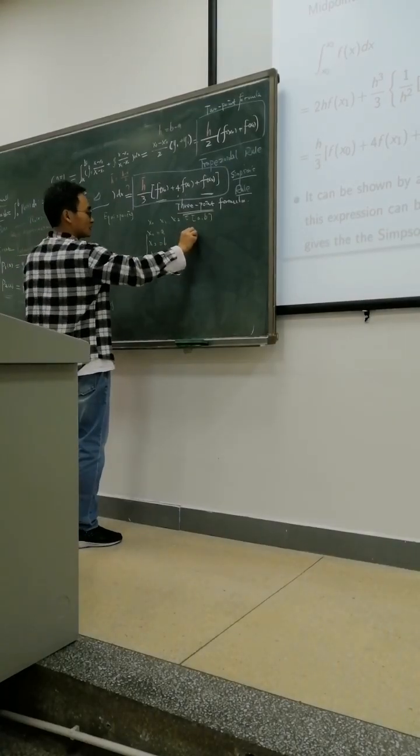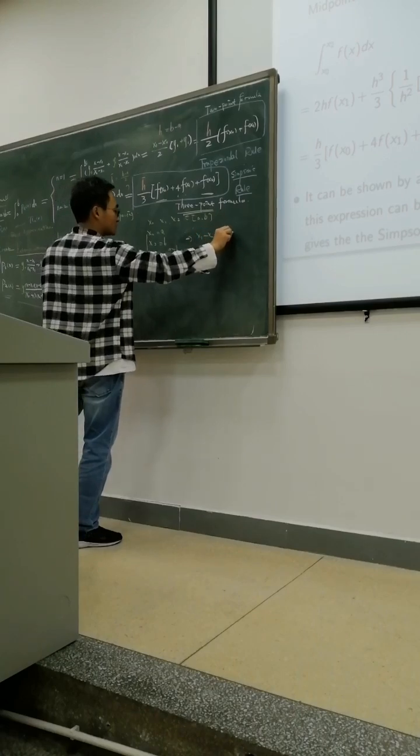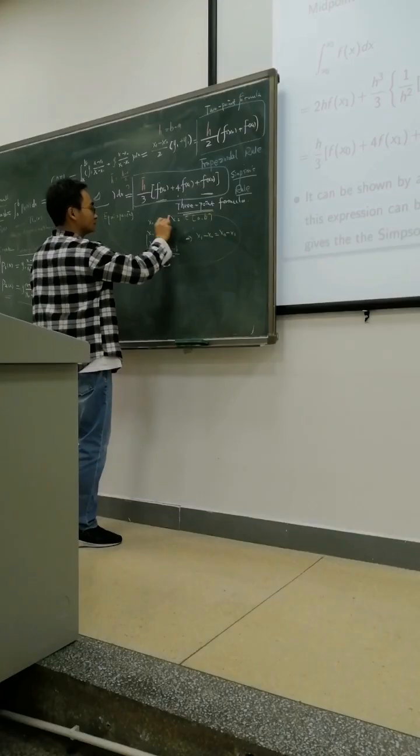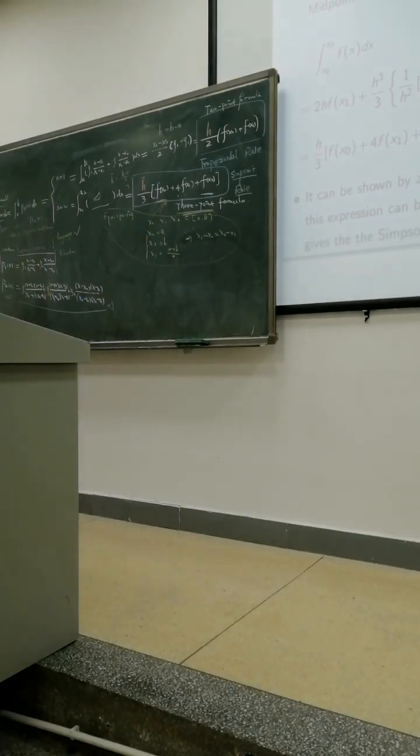Here it means x1 minus x0 equals x2 minus x1. This is the condition. Under this condition, we get this kind of formula. Okay, this is very important. It's equi-spacing.